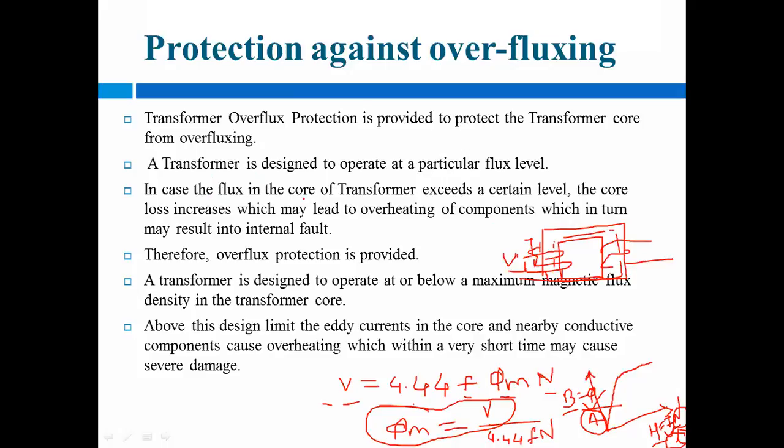So in case the flux in the core of the transformer exceeds a certain level, the core loss increases, which may lead to overheating of the components, and which in turn may result in internal fault. मग काय होणार आहे? If the capacity of this transformer to produce flux is exceeded, and still you are increasing current, what will happen?